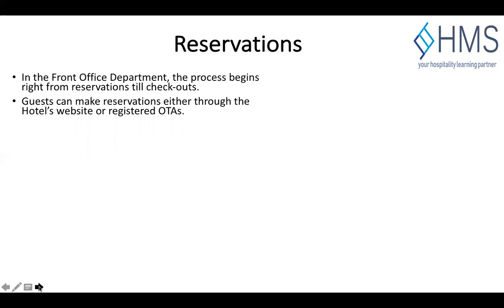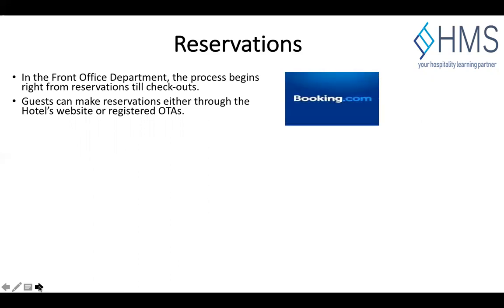Online travel agents would be Booking.com and GoIbibo, Make My Trip, Traveloka, etc. These are very, very commonly used online travel agent platforms that are used by guests to make reservations. And then after their stay experience has been satisfactory, guests can always put in a word on TripAdvisor, which again is very influential.